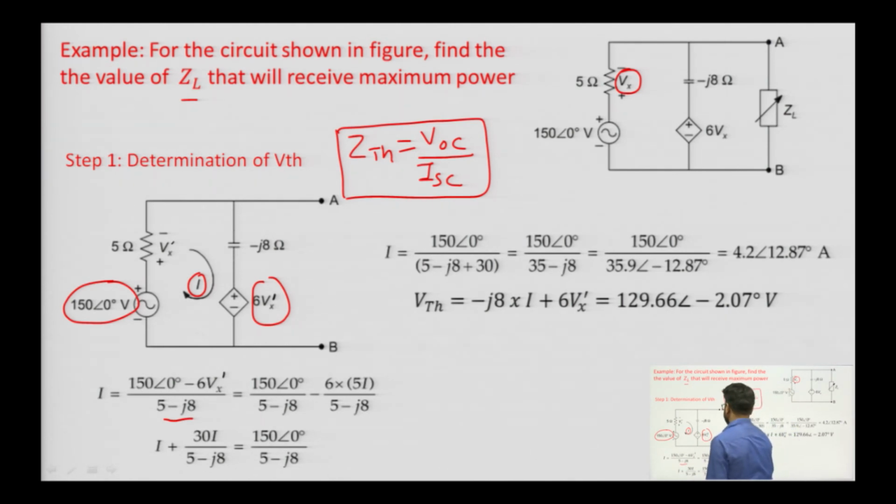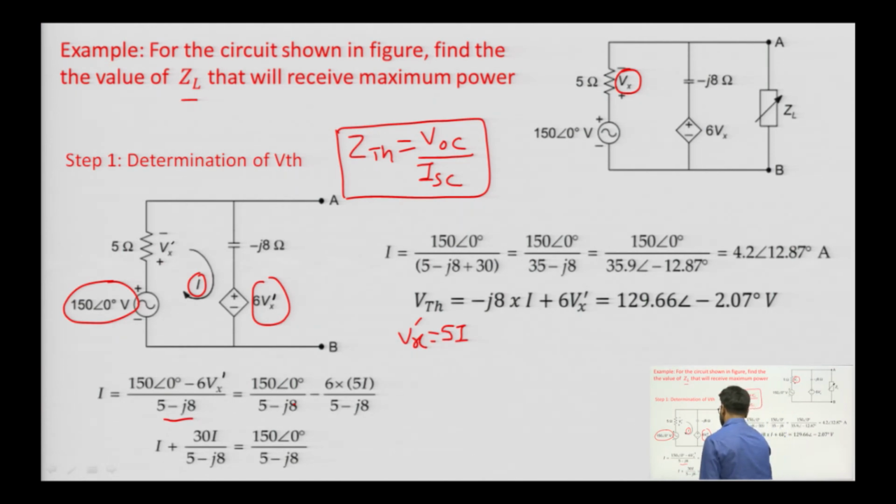So, we get 150 divided by 5 minus j8 minus Vx' will be equal to 5I, because current I is flowing and the resistance is 5. So, Vx' will be equal to 5I.